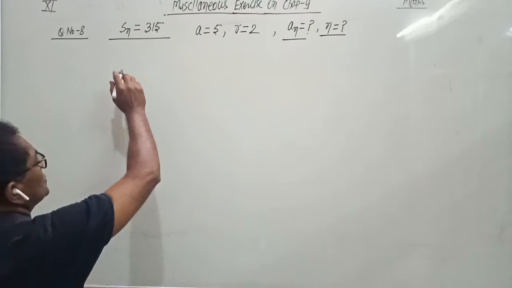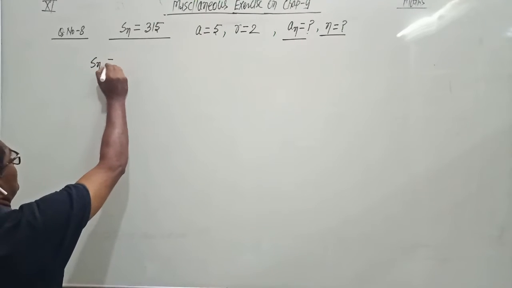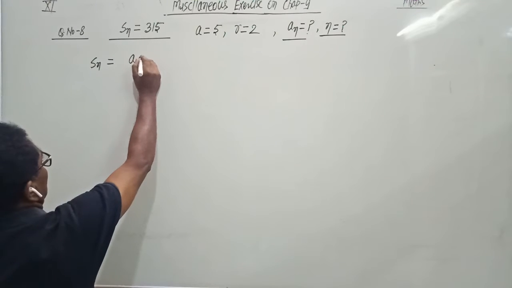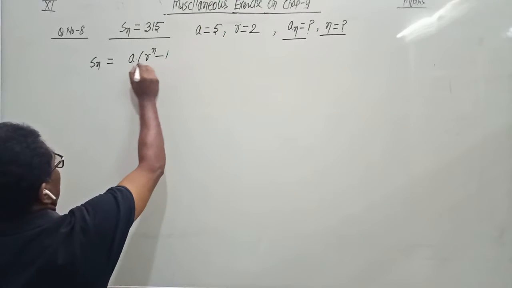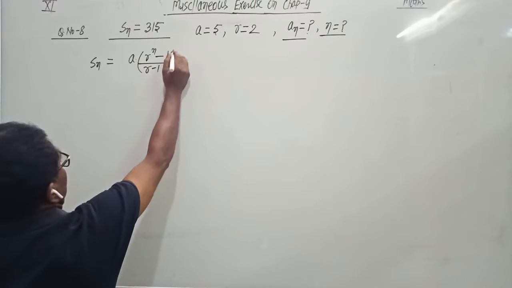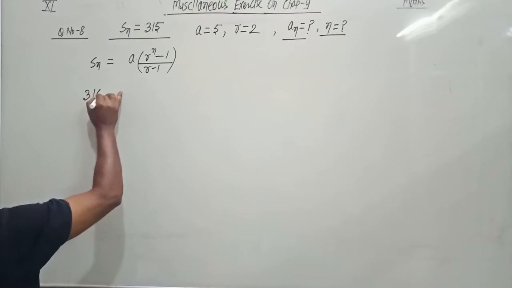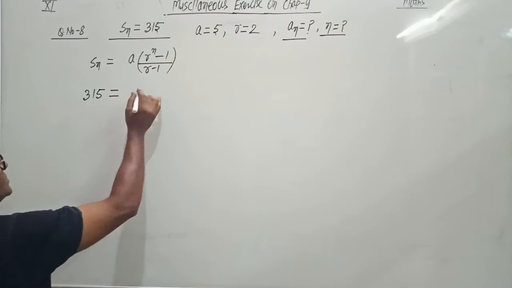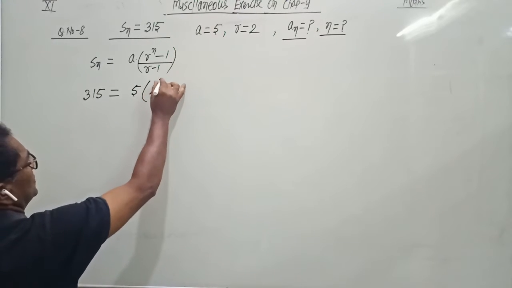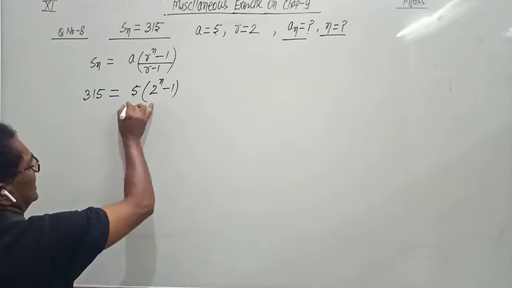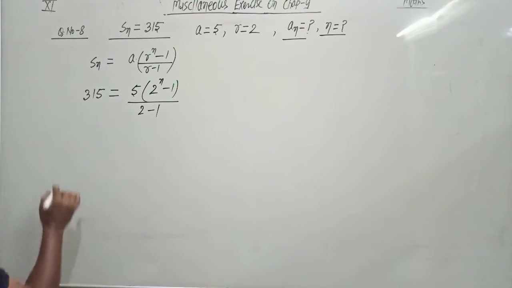So we use the formula for sum to n terms. Sn equals a into r raised to the power n minus 1 upon r minus 1. The value of Sn is 315, the first term is 5, the common ratio is 2, and r minus 1 means 2 minus 1.